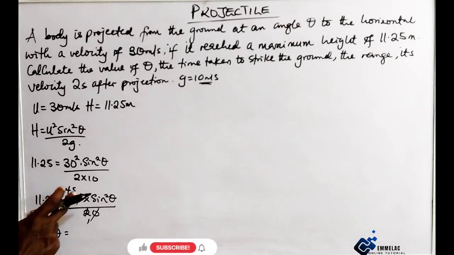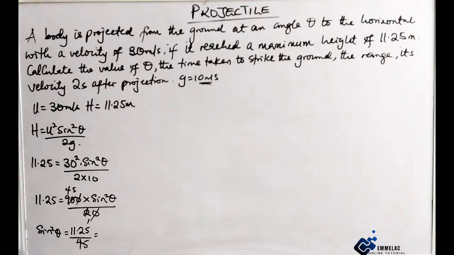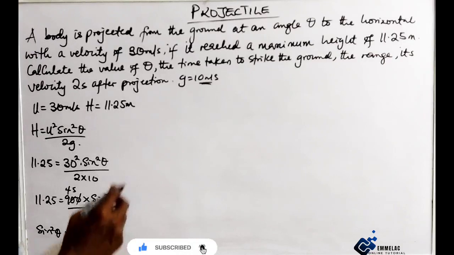So sine square theta will give us, dividing both sides by 45, 11.25 divided by 45. Using our calculator, this gives us 0.25.